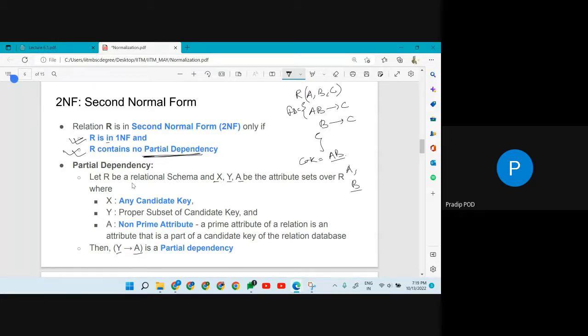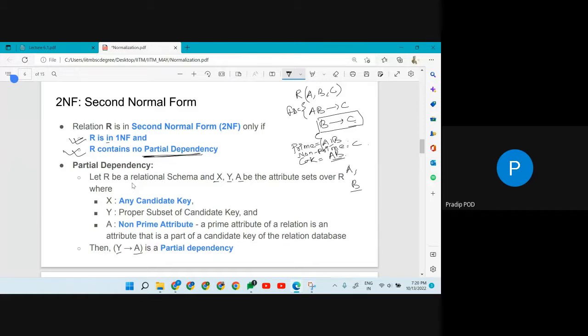But you can see that B is a proper subset of the candidate key and derives the non-prime attribute, because here the prime attributes are A and B, and the non-prime attribute is C, right?